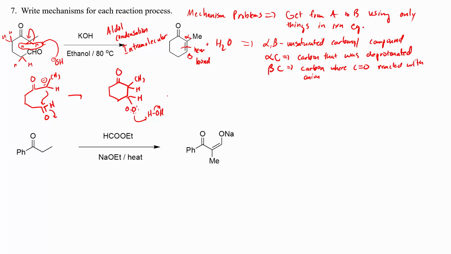The first product is the beta hydroxy carbonyl compound. And we would get that if we had only run the reaction at just 25 degrees, or at room temperature, instead of at 80 degrees.